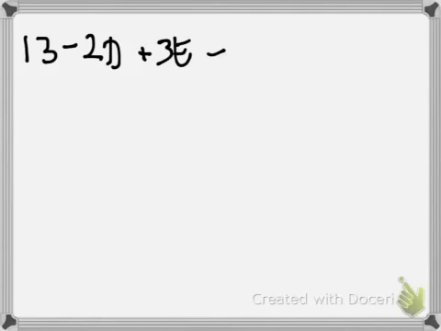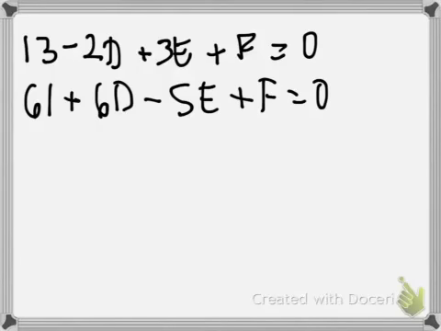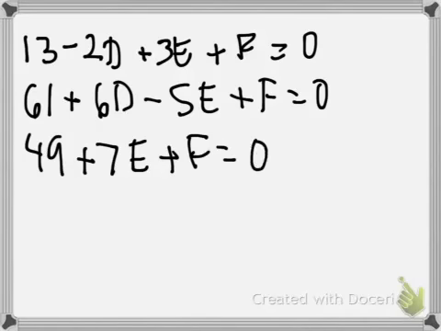Now we can simplify these equations to get 13 minus 2d plus 3e plus f equals 0, and 61 plus 6d minus 5e plus f equals 0, and 49 plus 7e plus f equals 0.